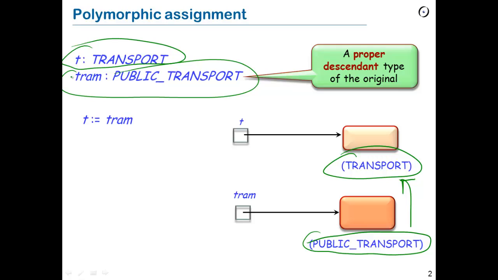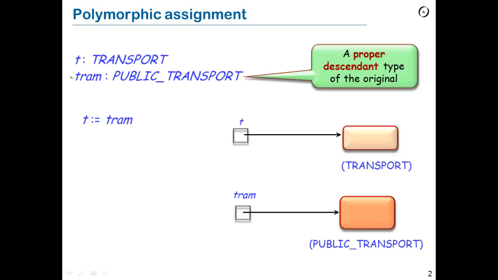So one thing that we can do, and which is quite new as compared to what we have done so far, is this assignment of tram to t. The source is tram, the target is t. Now this is new because until now, when we were assigning some source to a target, the target and the source had to be of exactly the same type.